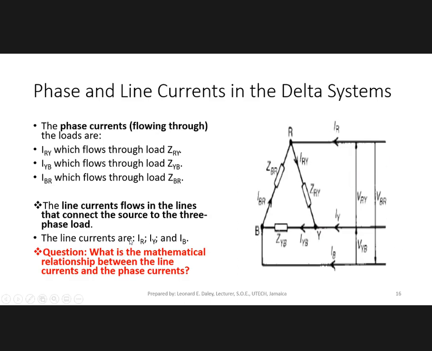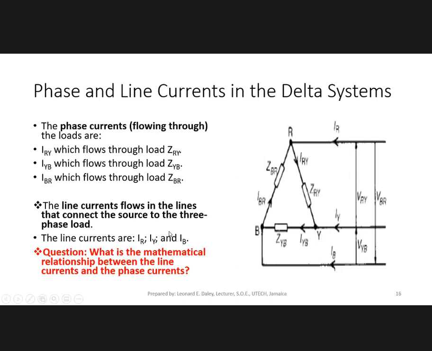So the line currents are IR, IY, and IB. And as we did before, we want to find the relationship between line currents and phase currents, because we can see that they are going to be different.